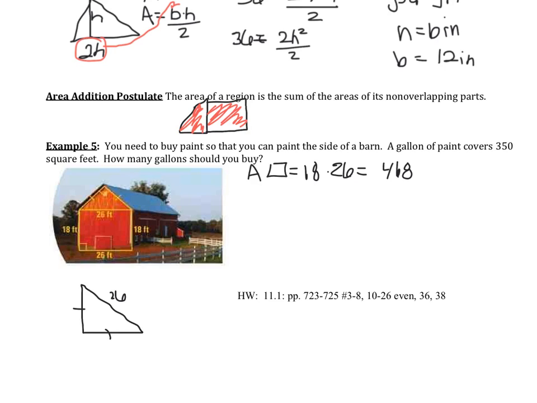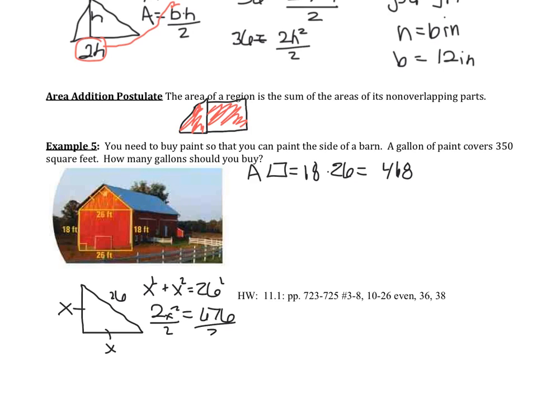In order to figure out what this is, I need to figure out what my base is and what my height is. And they both should be x because they are exactly the same. So to find what x is, I need to use my Pythagorean theorem. So I've got x squared plus x squared is equal to 26 squared. So I have 2x squared is equal to, let's see, 26 squared is 676.